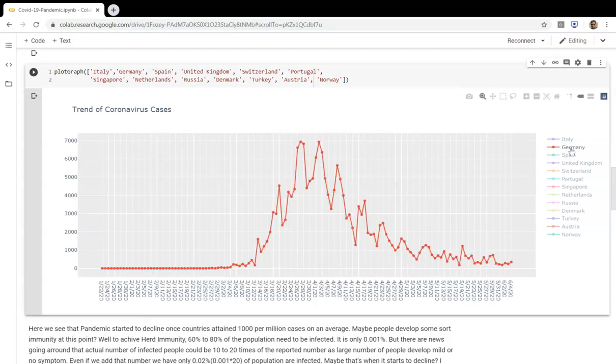Let's see Germany. In Germany also, it started to decline when we had 1000 per million cases. As you can see, all these countries are following the bell curve pattern.